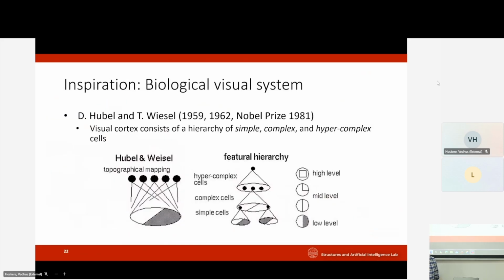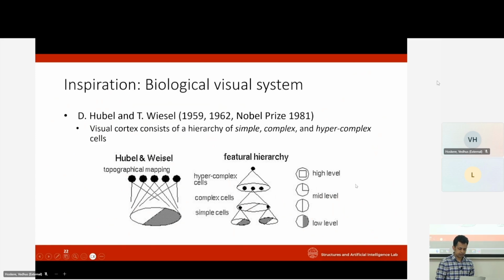Now, the idea for this is loosely inspired from the human visual cortex that has this hierarchy of features. That is similar to the hierarchy of features being extracted from the several convolutions that you have.